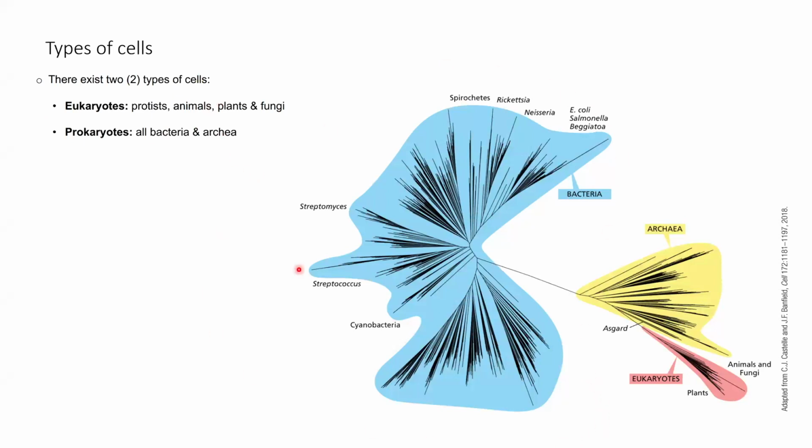Shown here in blue, that's the bacteria, and shown here in yellow, that's archaea, but the archaea is within the prokaryotes. And then you have eukaryotes, again, sort of branching off.